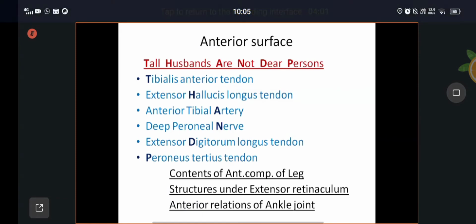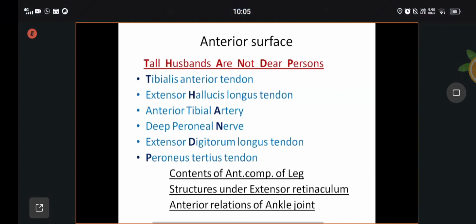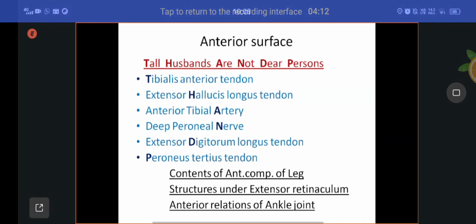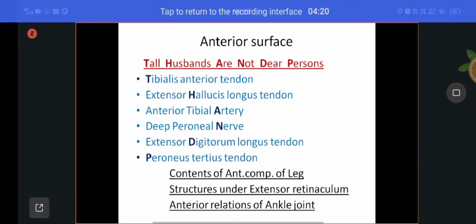The anterior aspect of the wrist corresponds with the posterior aspect of the ankle. And the posterior aspect of the wrist corresponds with the anterior aspect of the ankle.